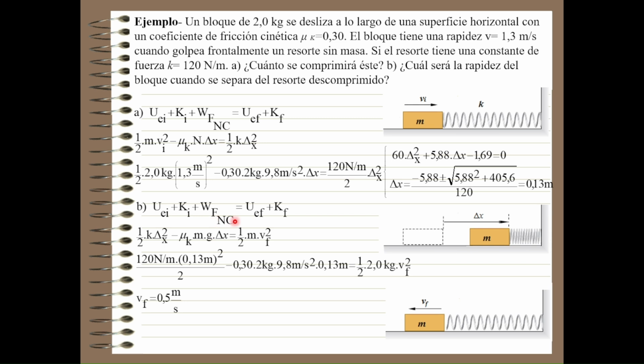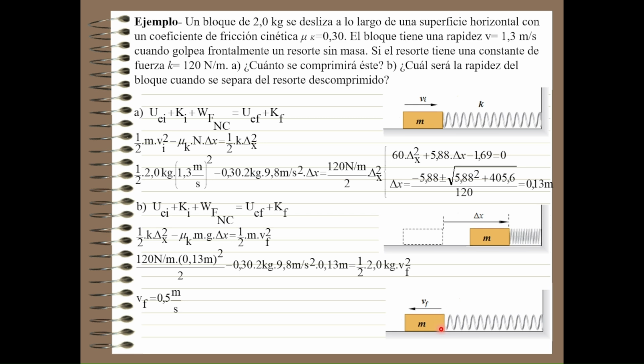The work done by the non-conservative forces will be equal to the frictional force multiplied by the displacement, which already has a known value of 0.14 meters. On the right-hand side of the equation, only the final kinetic energy will appear at the end.